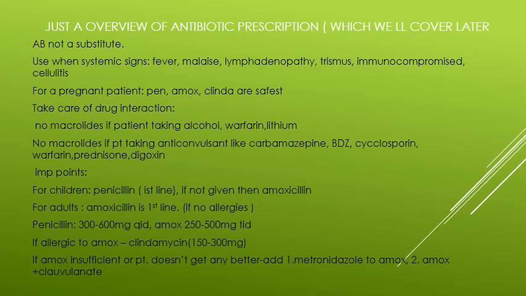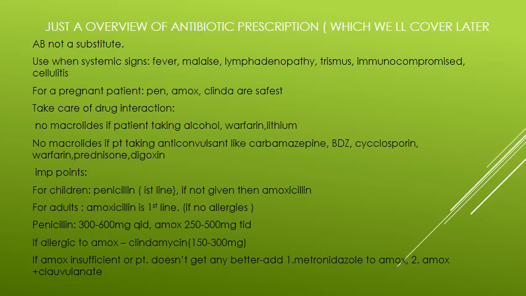Like if a patient is taking alcohol, you have to read the history very carefully. If the patient is taking alcohol, warfarin, lithium, you will not give the macrolide class of antibiotic such as erythromycin. No macrolides if the patient is taking anticonvulsants like carbamazepine, benzodiazepine, cyclosporin, warfarin, prednisone, and digoxin. You have to learn these things.